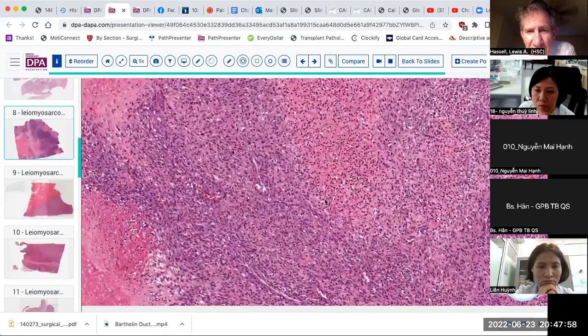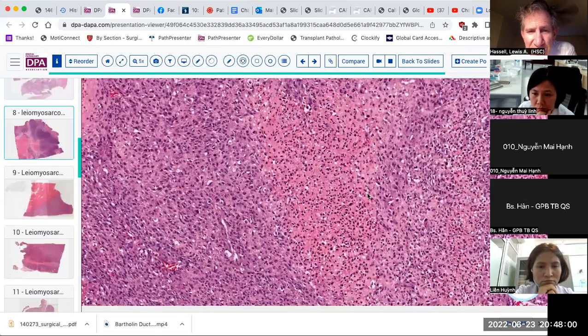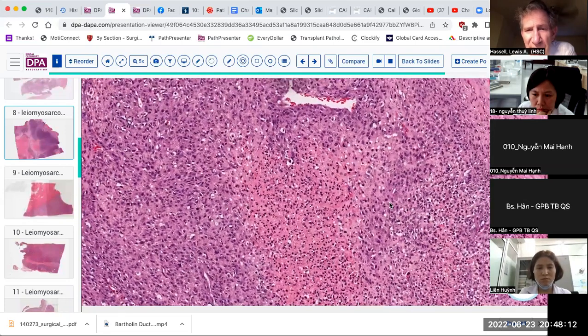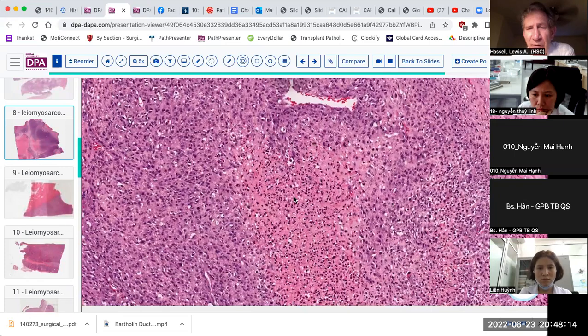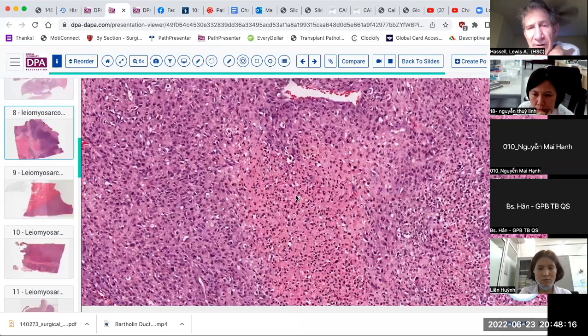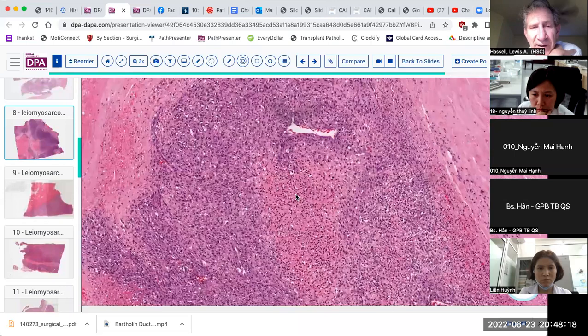But then here, notice what's here. So here is tumoral type necrosis. Here's necrotic tissue here, and here's viable tissue on the left and on the right. So we have both types of necrosis, and oftentimes you can identify that feature.